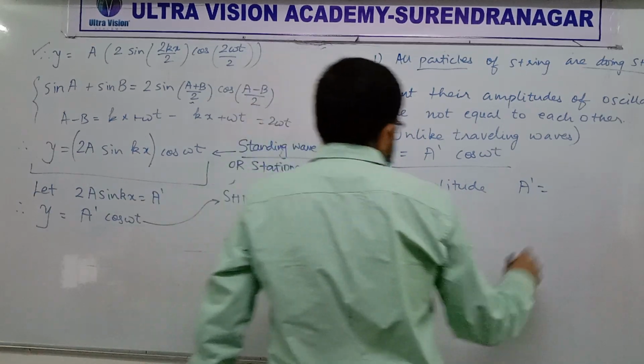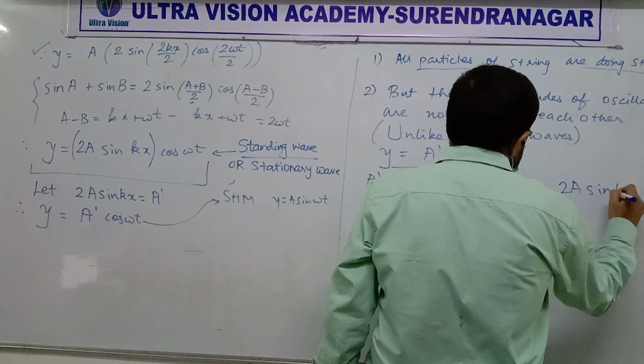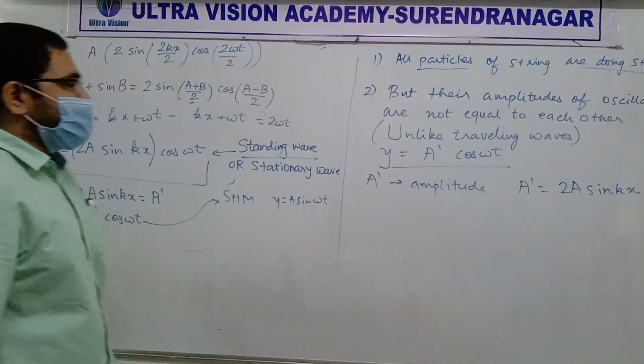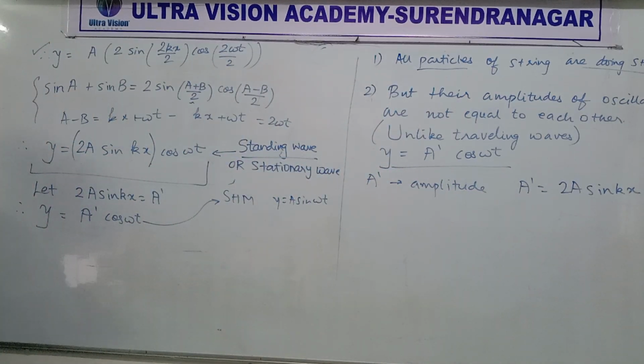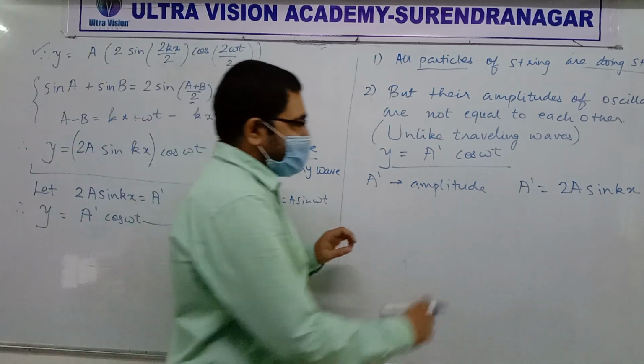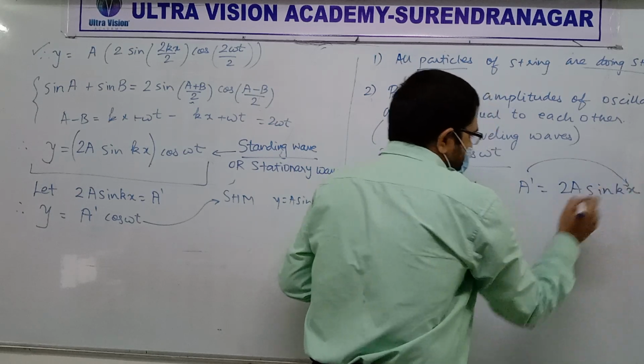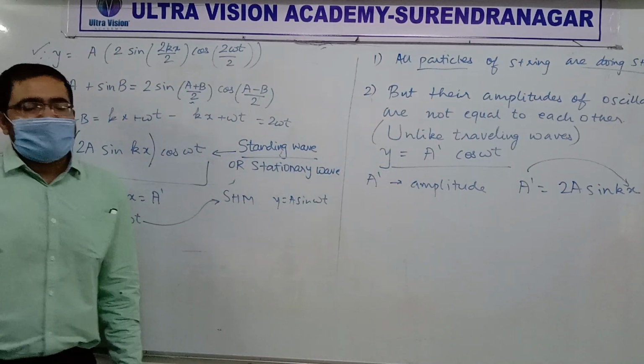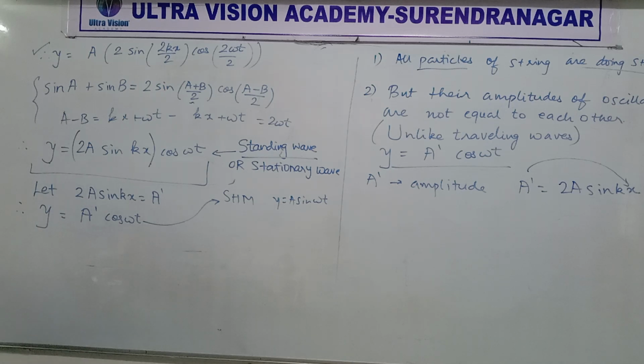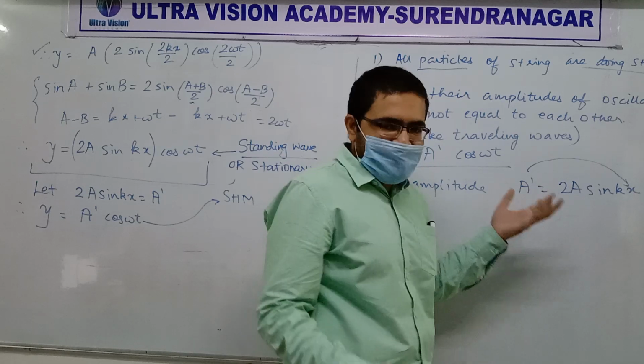We have taken a dash as 2a sin kx. This means that a dash depends somehow on x. Because if you put different values of x, then sine may take different values, and a dash will have a different value.